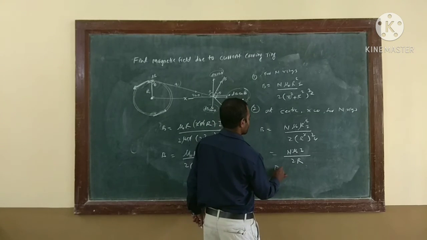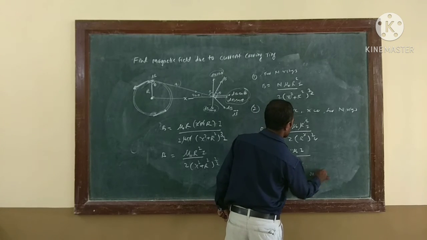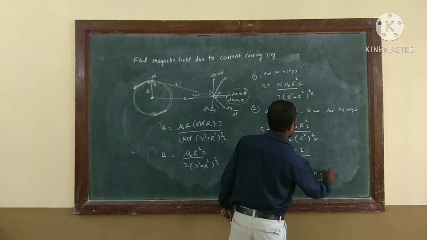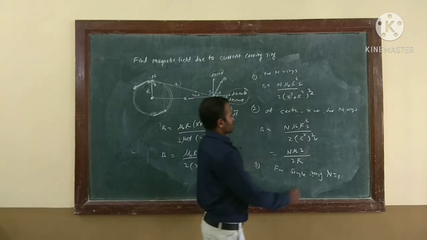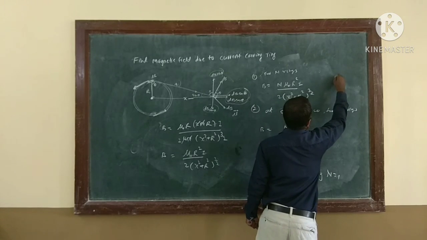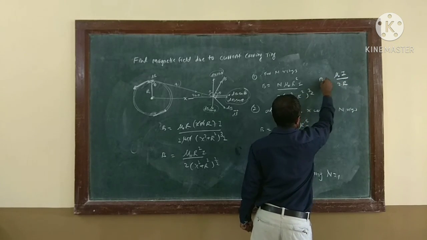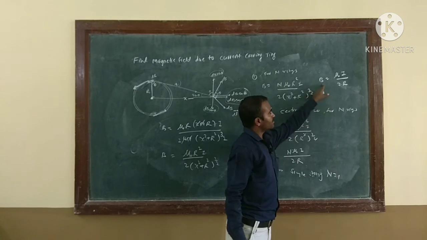For a single ring, n is equal to 1. So the magnetic field will be mu 0 I upon 2R, because for a single ring n is equal to 1.